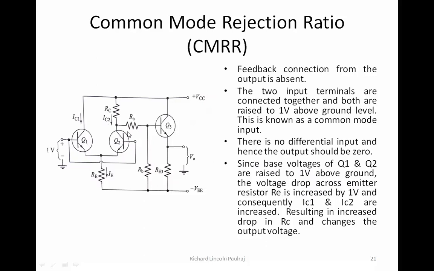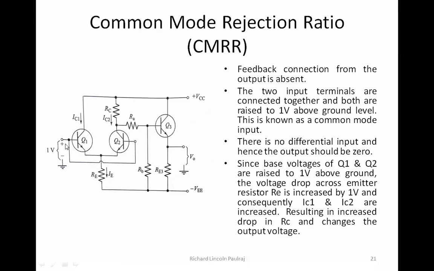Since both transistors Q1 and Q2 are increased by 1 volt, the drop across RE is also increased. Why? Because the current is increasing, and if the current is increasing, the voltage drop will also increase.